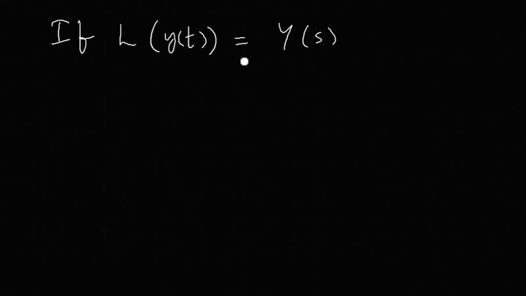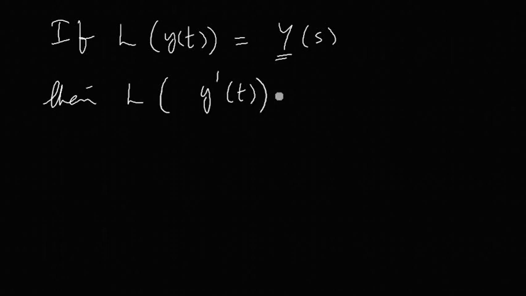So if L of y of t is equal to capital Y of s, then the Laplace transform of y dash of t, the derivative of this one, is s into this Y of s minus the value of this function y at t equal to 0.